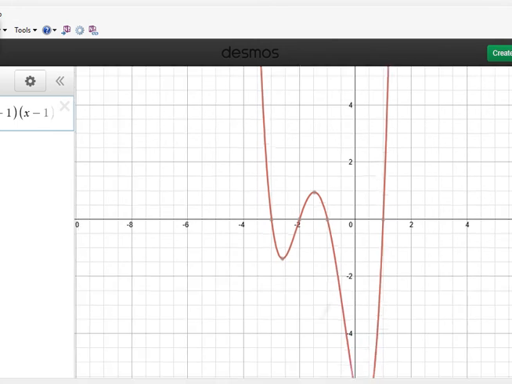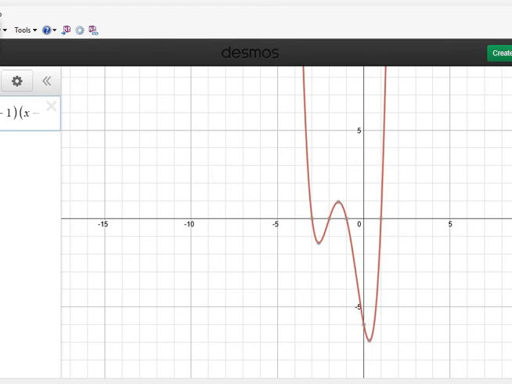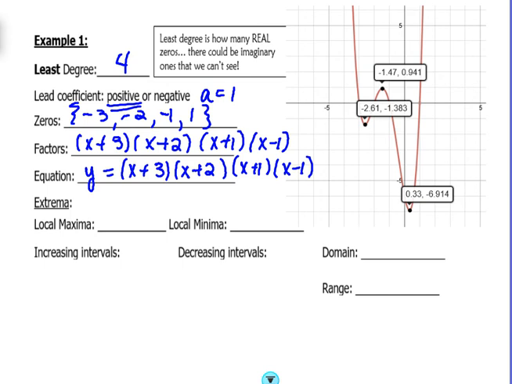Alright, so I'm just going to pinch it a bit so I can see. You see that here are the coordinates that I need. So negative 2.61. These are the following coordinates that I need. Okay, so I want the maximum.